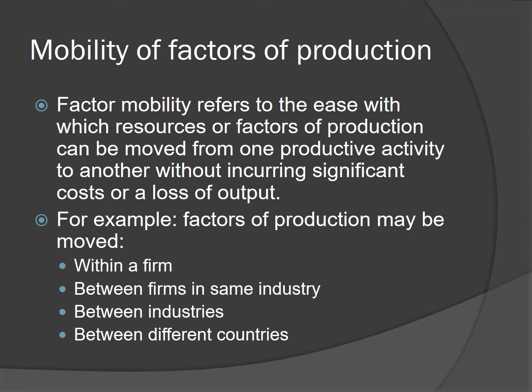Now come towards the topic of the week. First of all, we will check the mobility of factors of production. Factor mobility refers to the ease with which resources or factors of production can be moved from one productive activity to another without incurring significant costs or a loss of output.